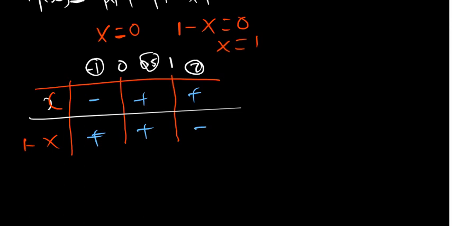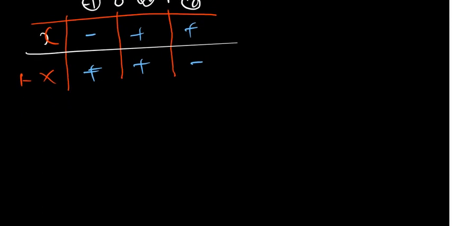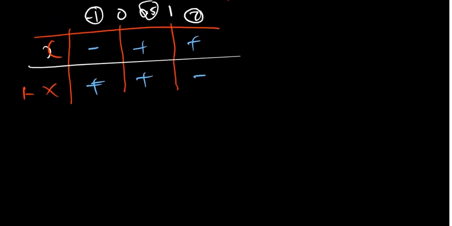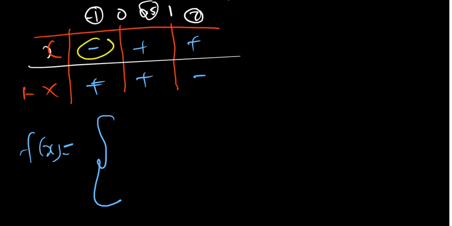What I have to do is I have to add these. So the function which is going to be there is going to be like this. f of x is going to be equal to, so first I have to make the equation. So this negative times everything here is going to give me what? Negative x.